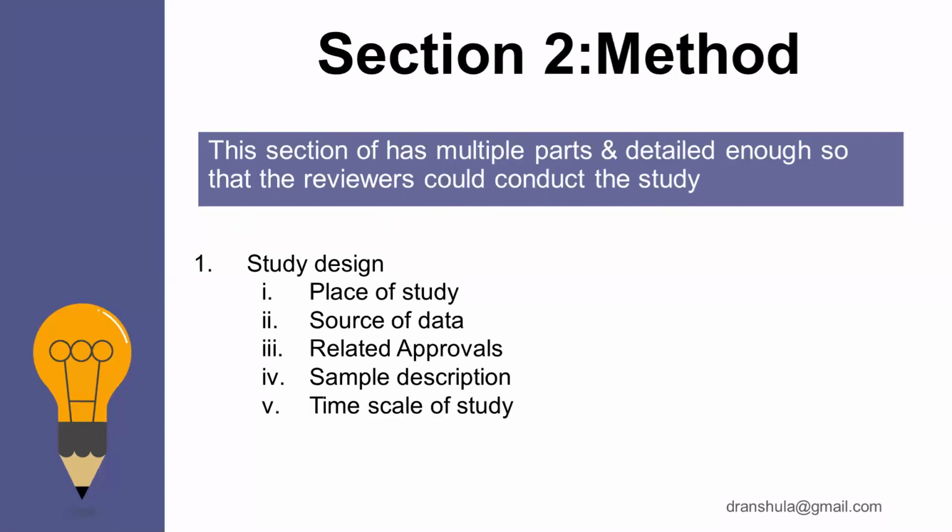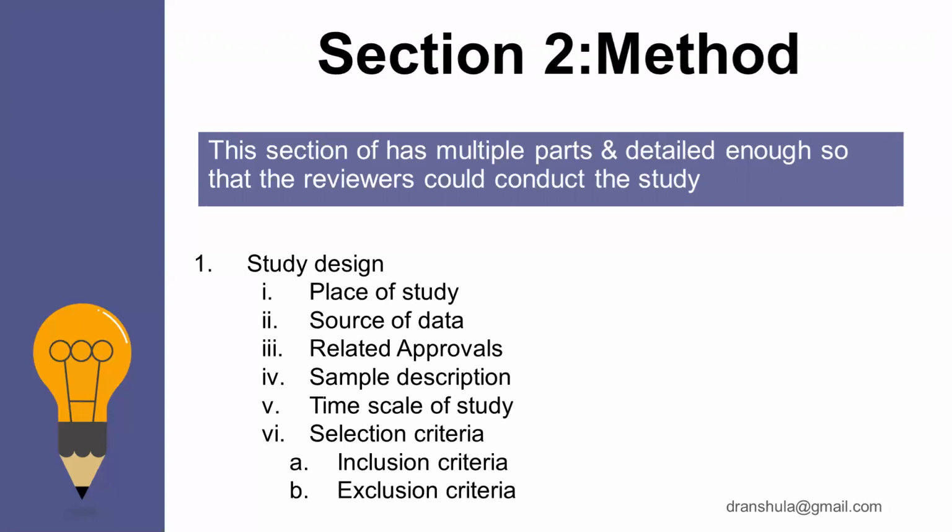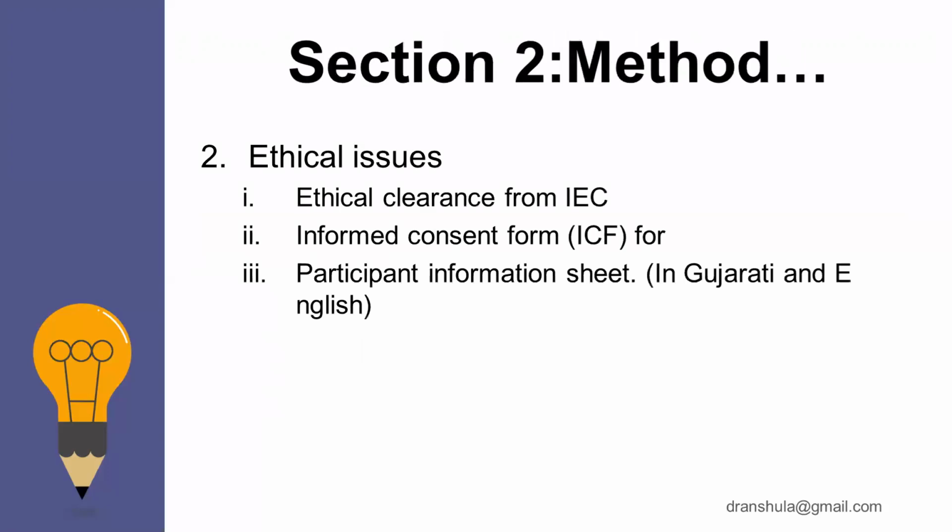sample description. So this part usually describes all these 5 components, and then comes your selection criteria, which should have inclusion as well as exclusion criteria. So your study design consists of these subsections. Next is ethical issues.